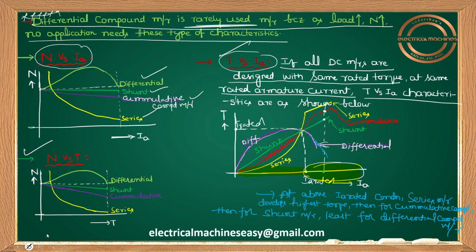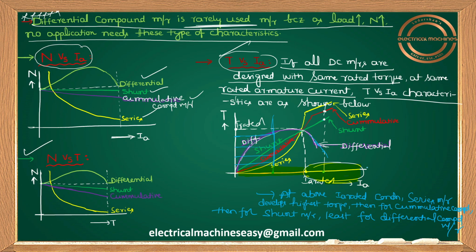Let me use your blue color once again. At below rated armature current means somewhere here. Tell me which motor develops the highest torque, guys. Obviously differential. The differential motor develops the highest starting torque, then shunt motor, then cumulative compound motor, least for the series motor. Generally people remember that the series motor has the highest starting torque. That statement is valid at above rated armature current.